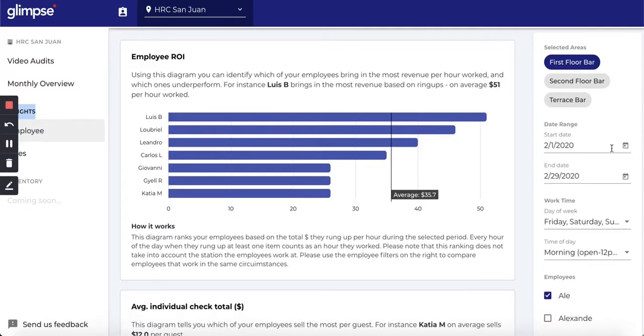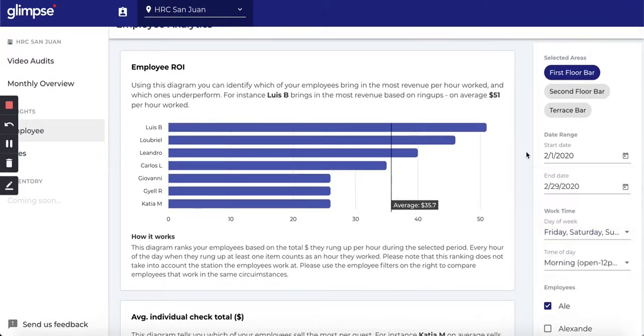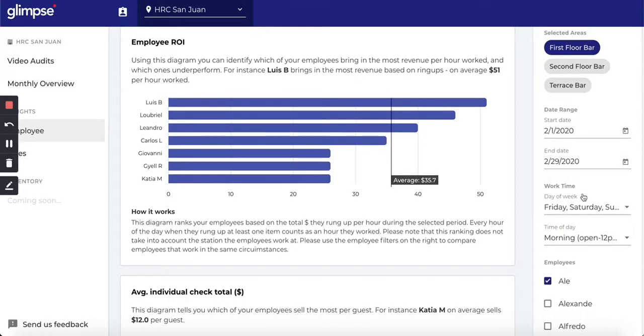You will be able to select the time frame of the data that you would like to analyze, different work time or the day of the week. In this case, we're looking only at the weekend, given that weekends perhaps are busier, and we would like to analyze the performance in that time of the week.